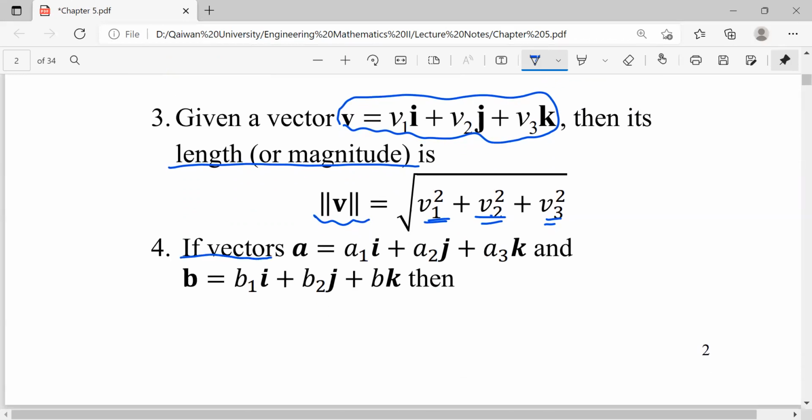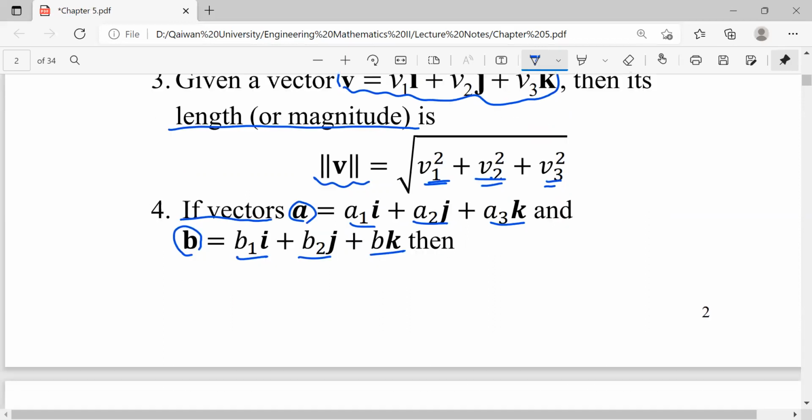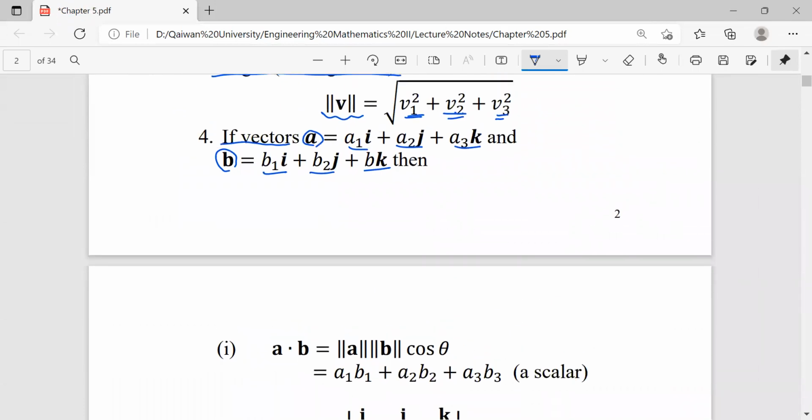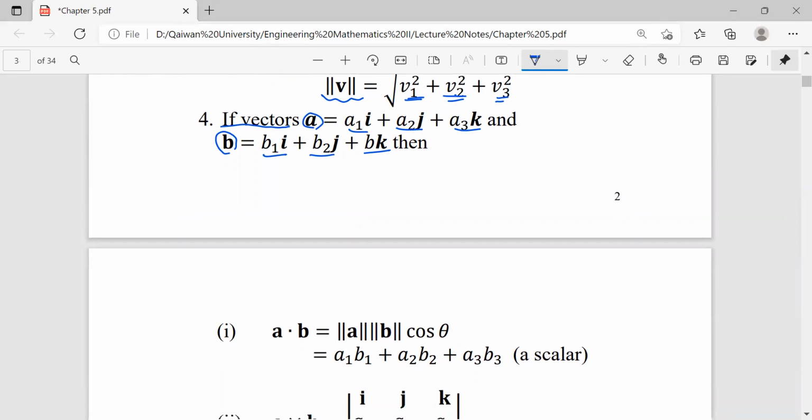If vector a is a1i plus a2j plus a3k, and vector b is b1i plus b2j plus b3k, then the dot product of those two vectors can be obtained by either of two rules.